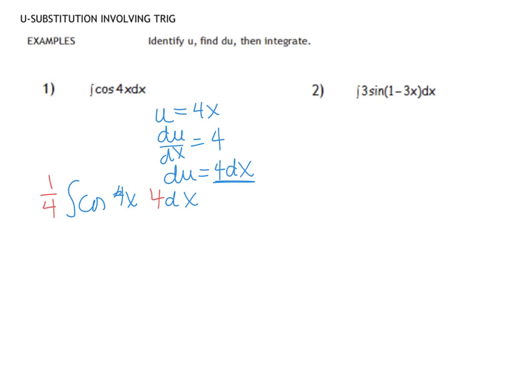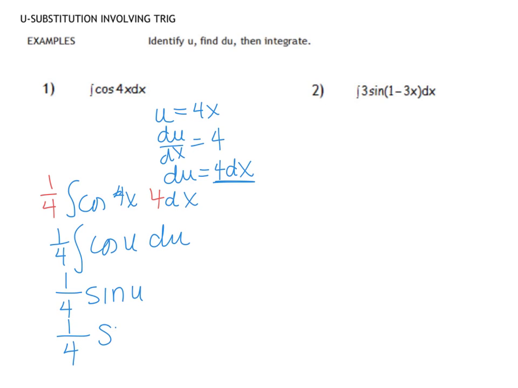So if we rewrite this, we have 1/4 cosine u du. The integral of cosine is sine, so we end up with 1/4 sine u. We're going to substitute back, so this will be 1/4 sine 4x plus c.